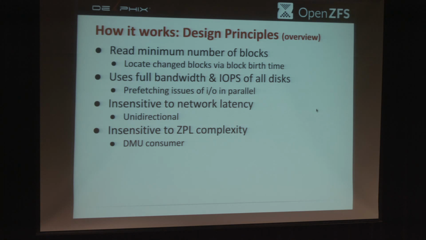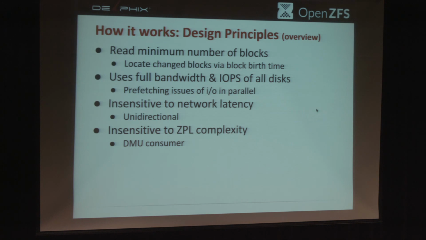And so ZFS Send is designed to be as unidirectional as possible, sending data in only one direction. Finally, you don't want to have to duplicate the work that you put into implementing features in the ZPL just to duplicate them down for ZFS Send. And so by working at a low layer called the Data Management Unit, or DMU, ZFS Send is insensitive to all of that complexity, so it all just works without any further thought.